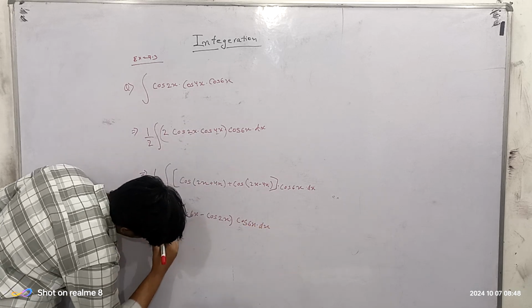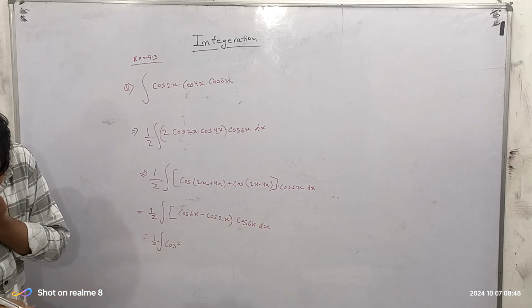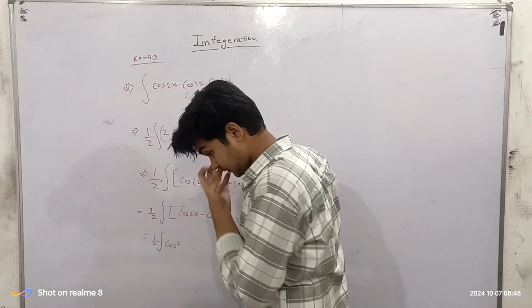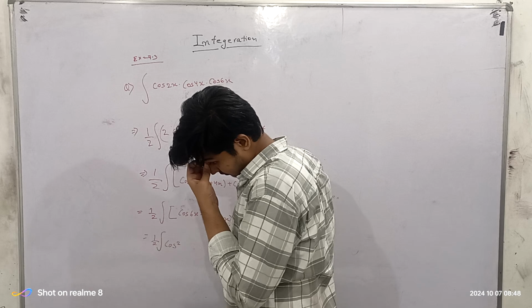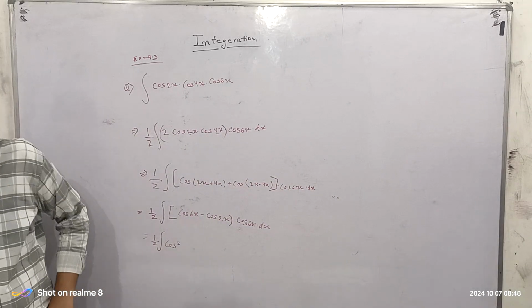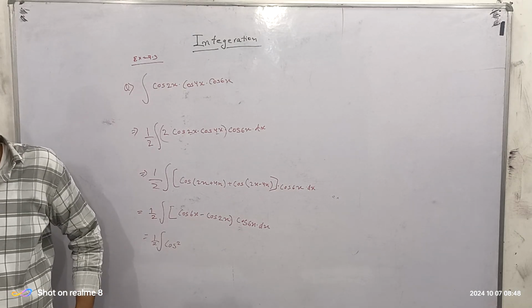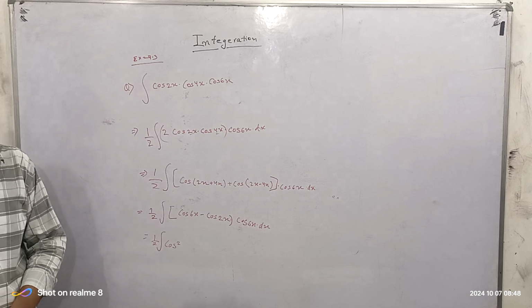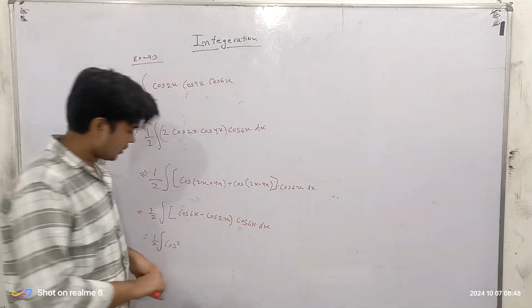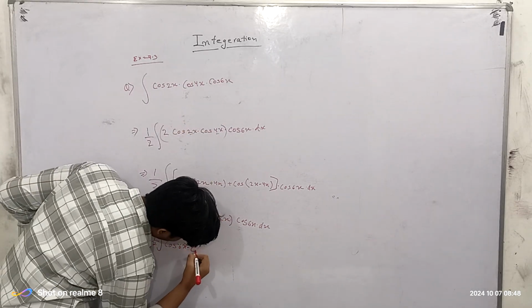So we will get 1 by 2 integration of cos 6x into cos 6x, cos 2x into cos 6x.